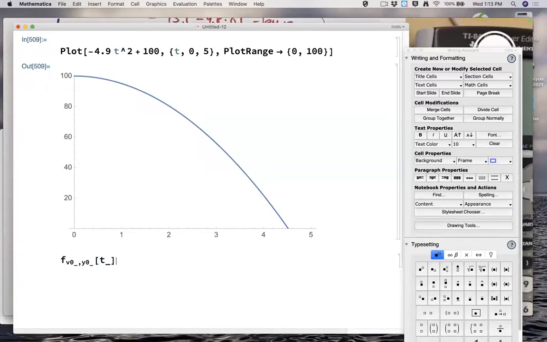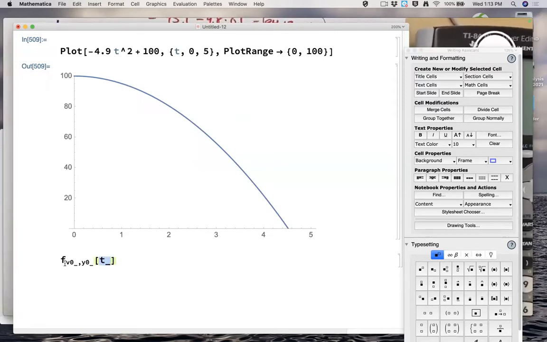I have emphasized this before. When you're defining functions for the first time, it's important to let Mathematica be alerted to what you are going to possibly change in your function. t does represent time. It's certainly a variable. It's certainly something that I'm changing.